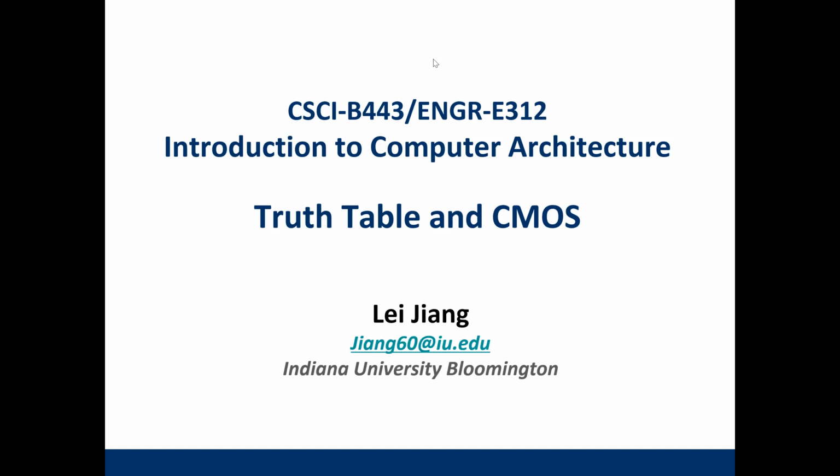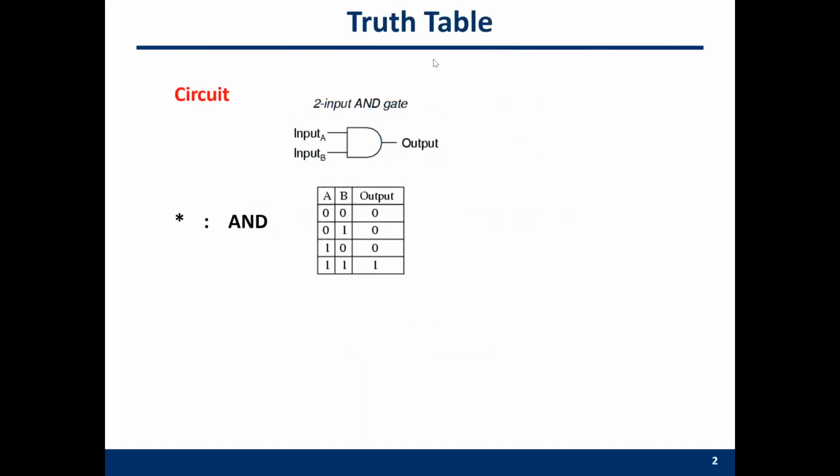Today we will talk about the truth table and the CMOS. In the last class, we introduced the logic gates AND, OR, NOT. Here is one example for the AND gate.